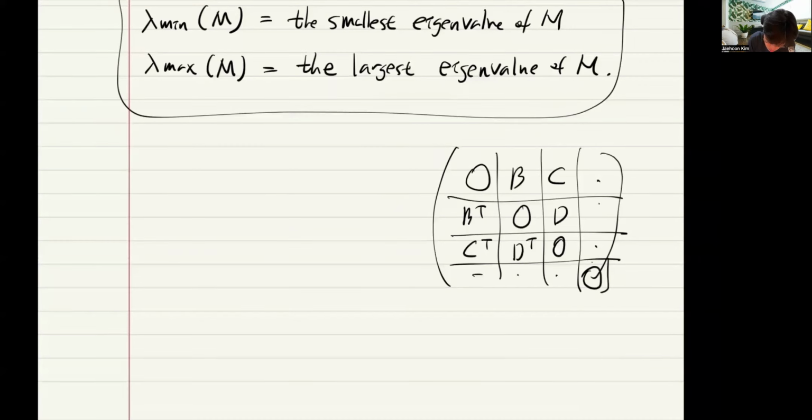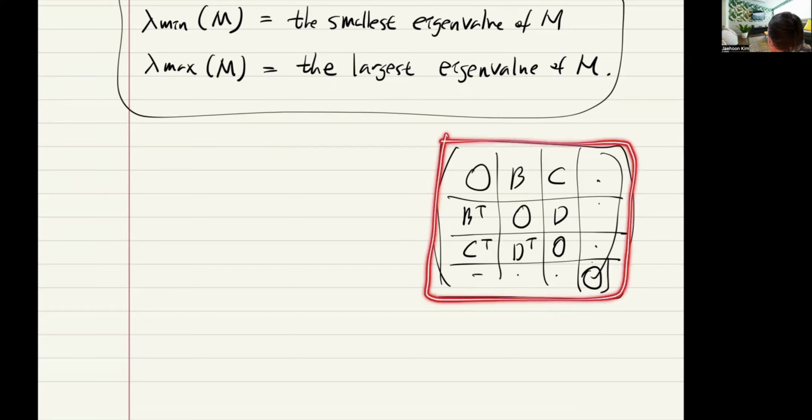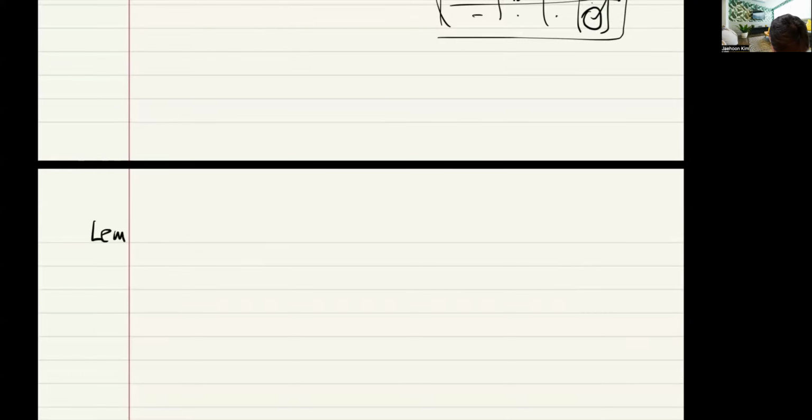So if your graph is K chromatic, then you can do this. So we want to analyze this kind of matrix and see how the largest eigenvalue and smallest eigenvalue of the entire matrix are related to each of these blocks. For that, we prove this lemma.